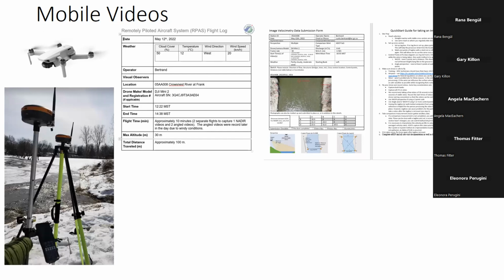And for control points, we're either using survey level rods for nadir views, and we've also found it to work quite well. We've got GPSs for our ADCPs, and we can adapt those just to do our RTK surveying with those GPSs.